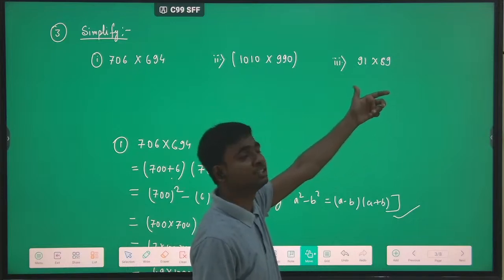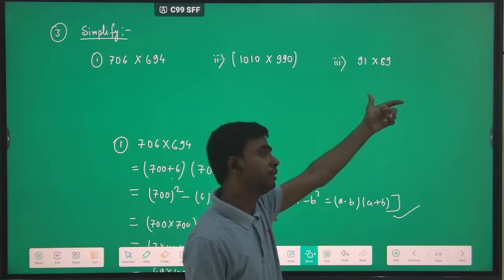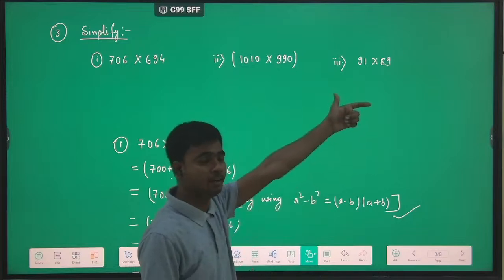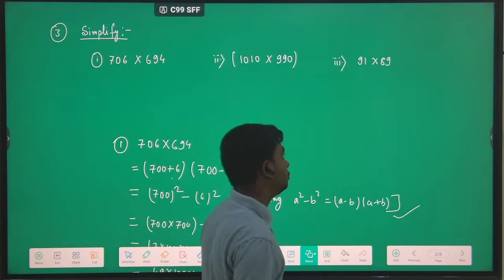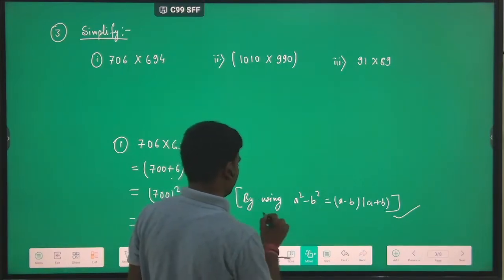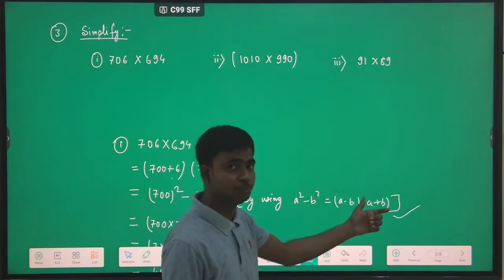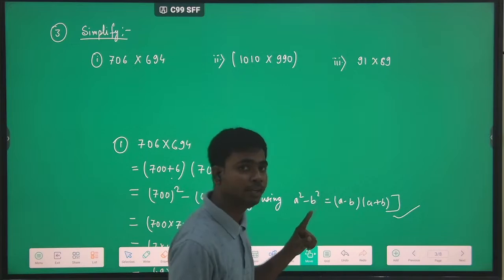So it is a minus b into a plus b form. The formula will be a square minus b square, and by using the formula we will get the value. So you have to try it at home and make sure you write this by using a square minus b square is equal to a minus b into a plus b, because it is very important. It will get you 1 mark.